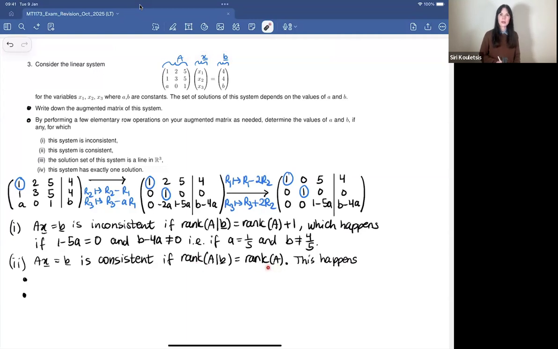The rank of the augmented matrix equals the rank of A. Well, either the rank will be 2, so the number of leading ones is 2. That means that the third row will have become a row of zeros.